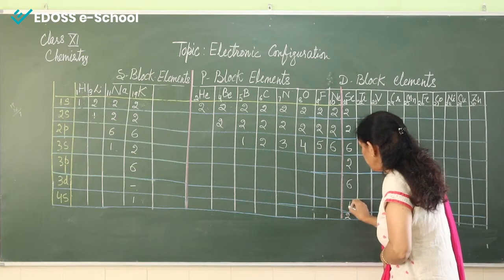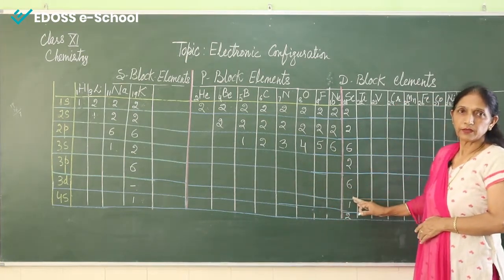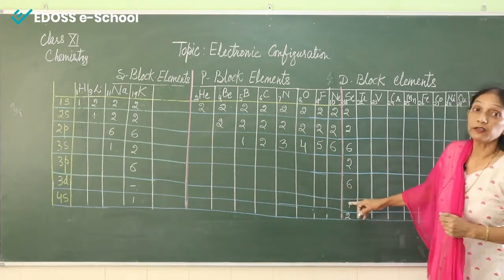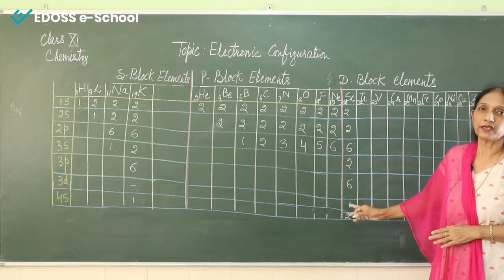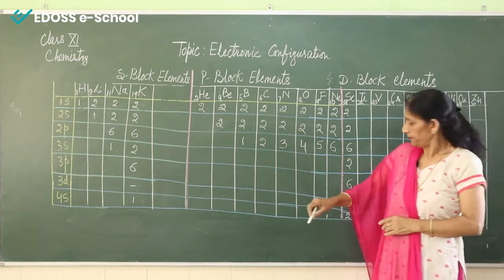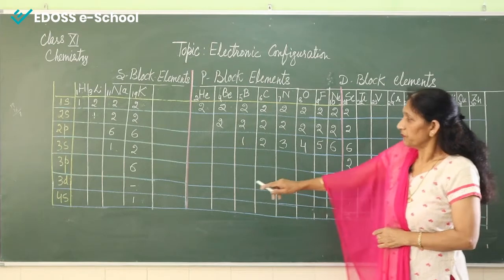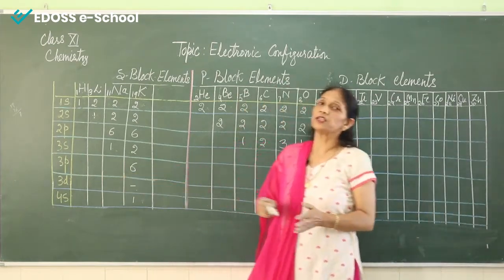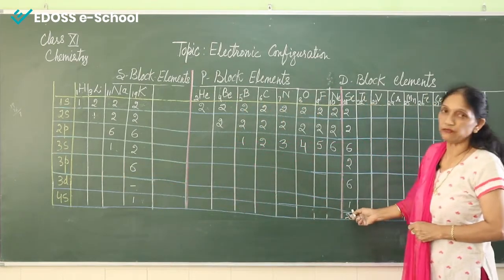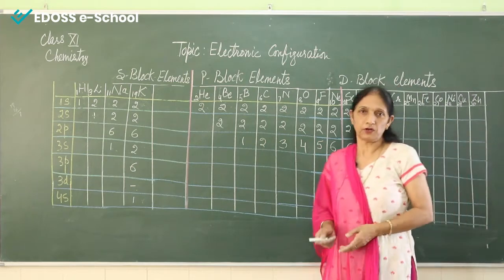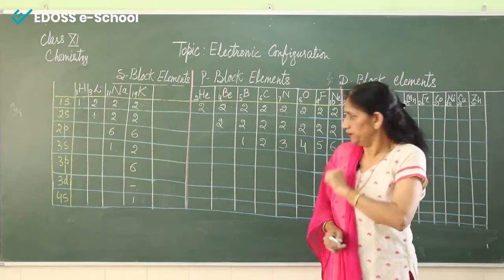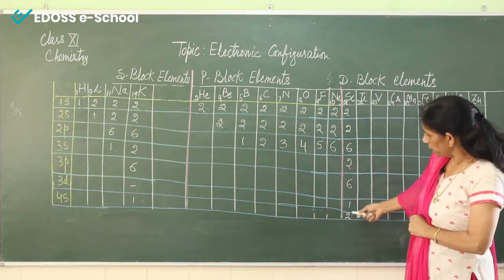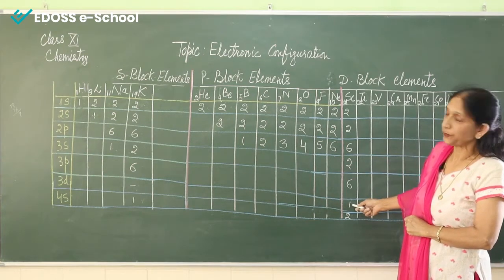Remember it, don't make a mistake here. Instead of writing 3d3, you can't write it, because the energy of 3d and 4s is equal, so first 4s will fill according to the Aufbau principle also. So this will be 2 and it will be 1.